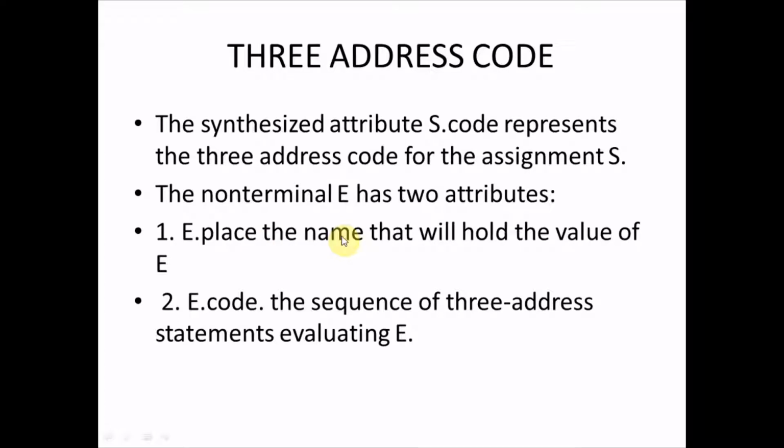E.place represents the value of E. Then E.code represents the sequence of three-address statements evaluating E, the sequence of three-address statements which lead to evaluation of E. So, in total, three attributes are there. One is S.code that corresponds to the assignment S. Then E has two attributes, E.place and E.code.